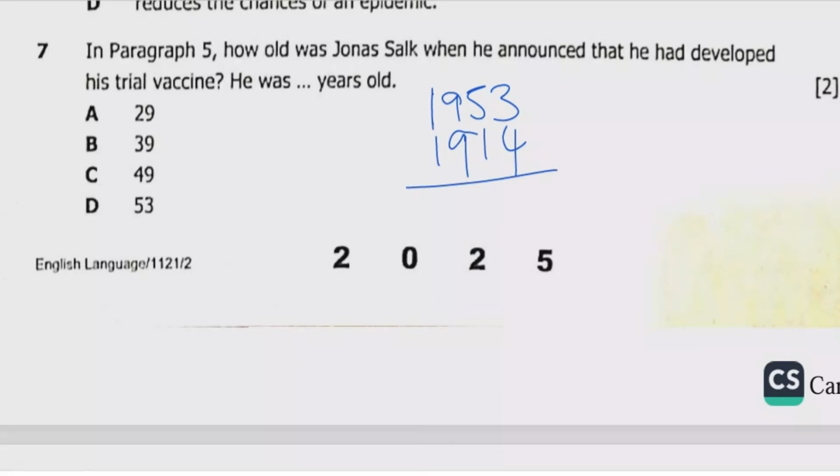To subtract, we borrow 1 from 5, remain with 4 there. So 13 there minus 4 gives us 9 here. Then 4 minus 1 will give us 3. Then here we forget about this because they are the same. So 39 years old. So the correct answer is B. The correct answer is B, 39 years old.